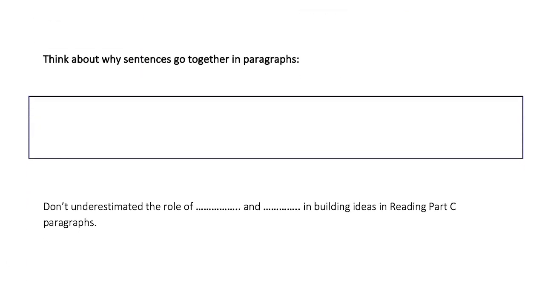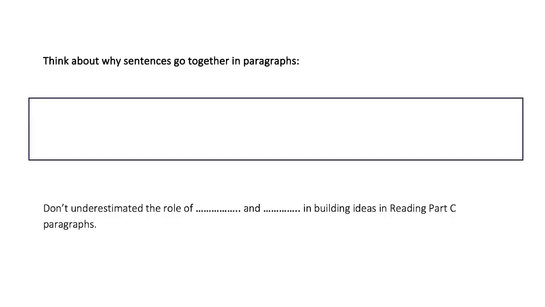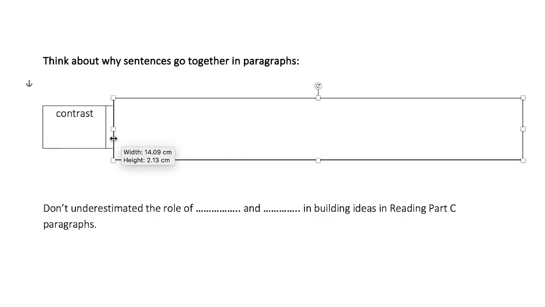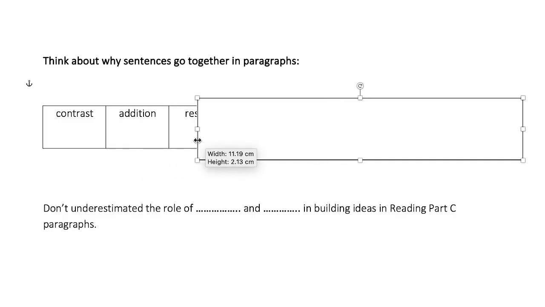So let's think about why. Why do sentences go together? Why do they follow each other? Why is it this sentence and then that one? Well, I think that there are a few different reasons for that. They could be showing contrast in the following sentence, so they could be showing something opposite or surprising after the first bit. They could be adding something. They could be showing a result.